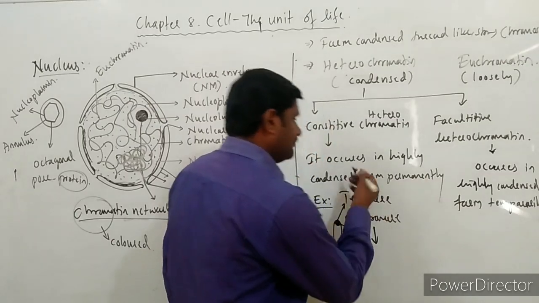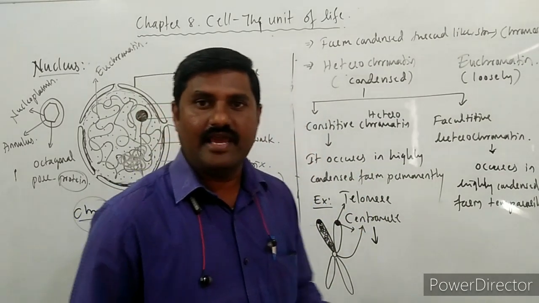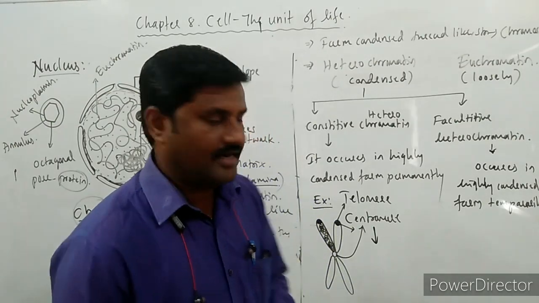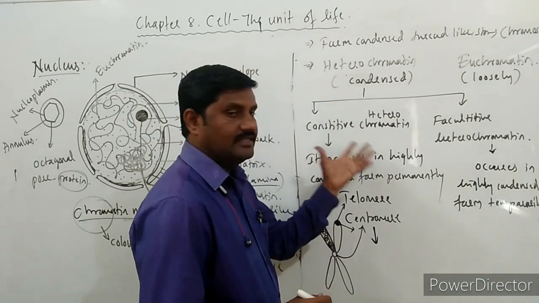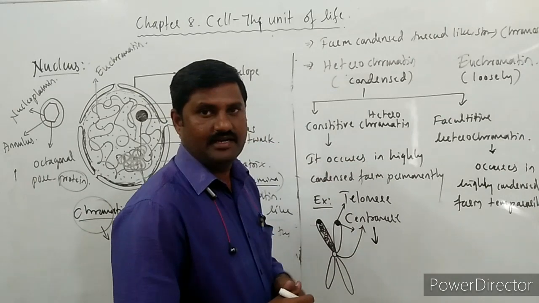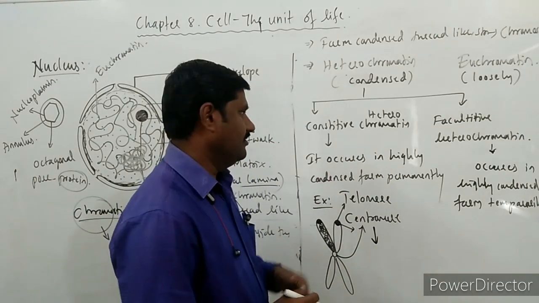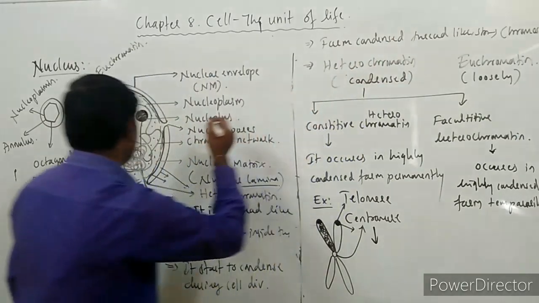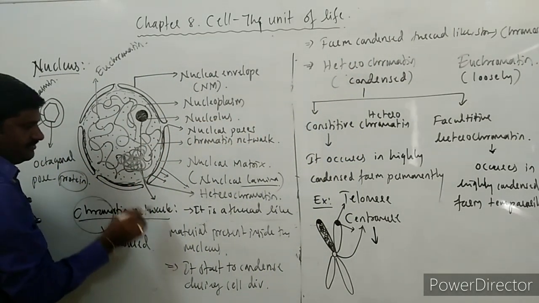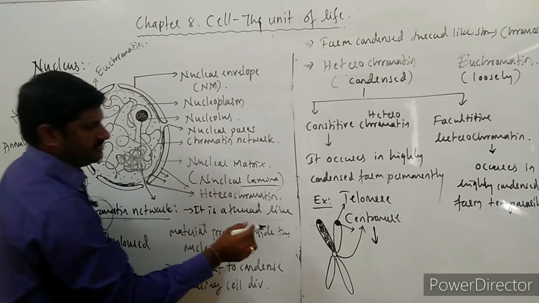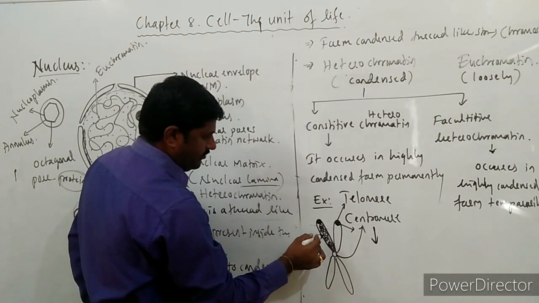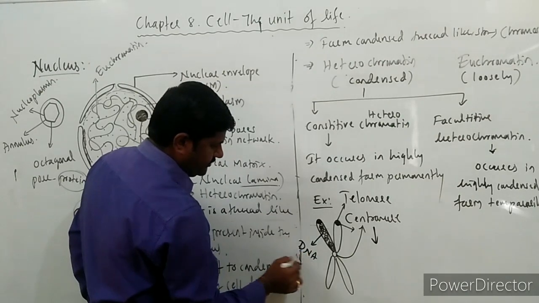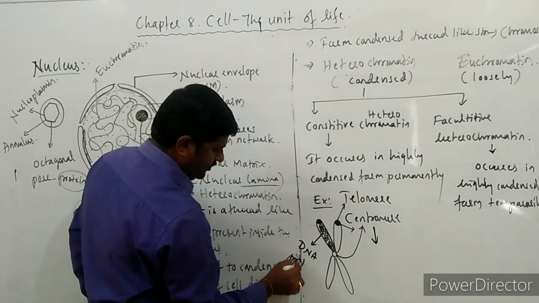See here, this is permanently not helping for any actions or processes. On this thread-like material, what is it made up of? It is made up of this condensed structure. It becomes chromatin network, becomes chromosomes, and it contains mainly the DNA, the genetic material, as well as proteins.